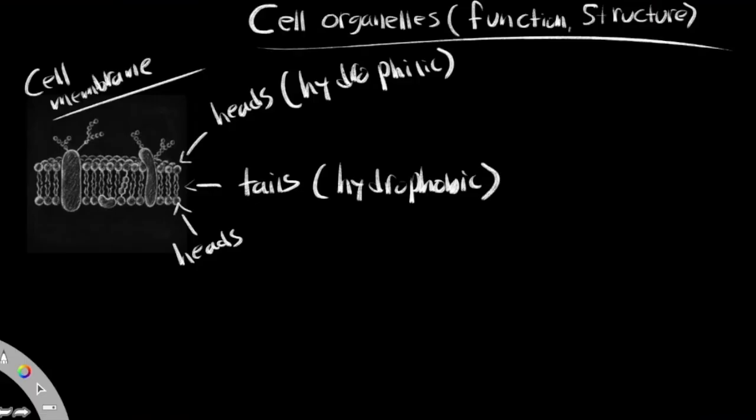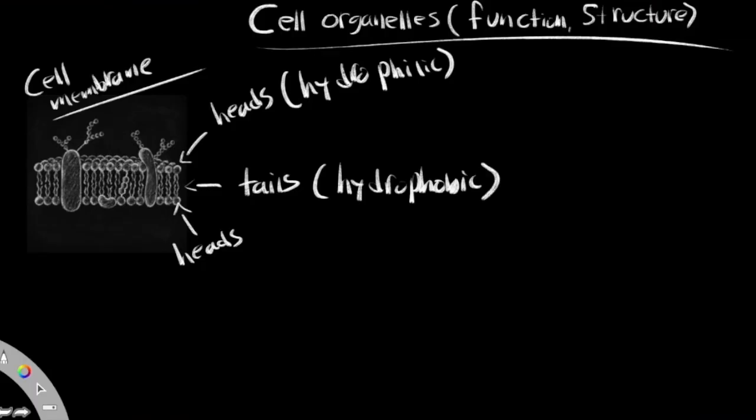The tails are very friendly to fat substances, such as lipoproteins, waxes, cholesterol, or molecules that are non-polar. They can get through a little easier compared to other molecules, provided their size isn't too large.